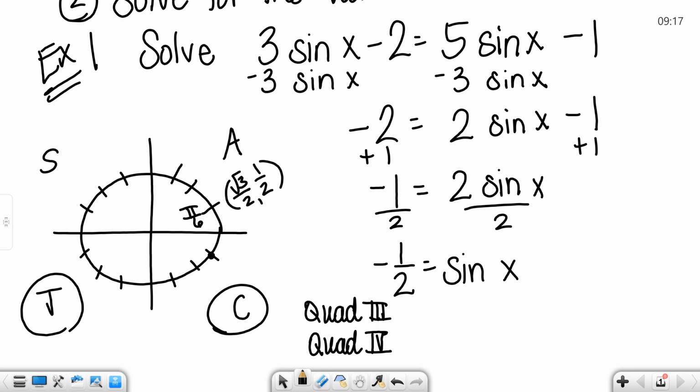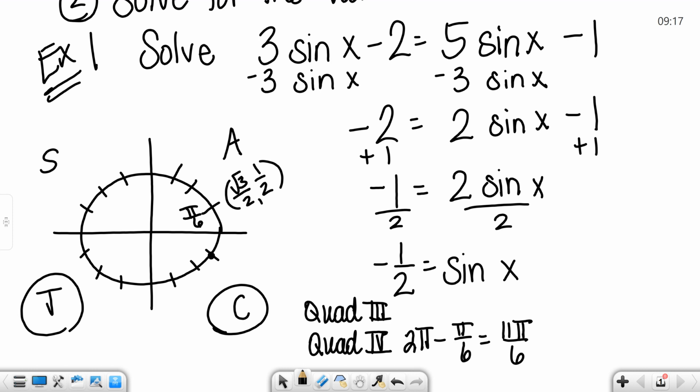Well, if I use the reference angle, I can find the one that's in quadrant 4. So quadrant 4 would be 2 pi minus that pi over 6.